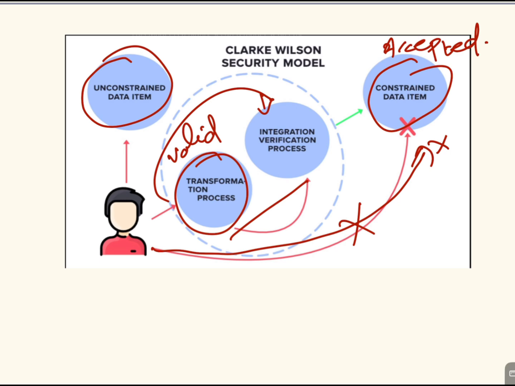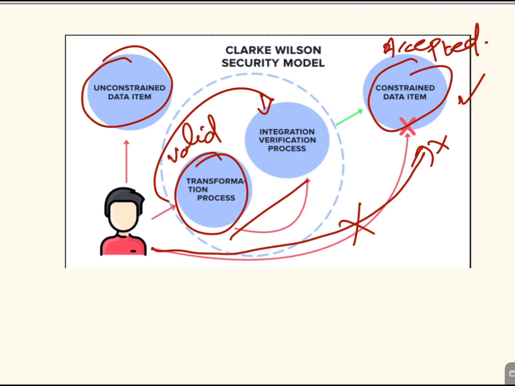Then the last step is the integrity verification process, which ensures the transformed data is correct. A manager verifies the final reports and provides his or her approval, right? And then lastly, the constrained data item: protected, trusted data that cannot be changed directly, such as an approved financial record in the database. That would be the final stage.